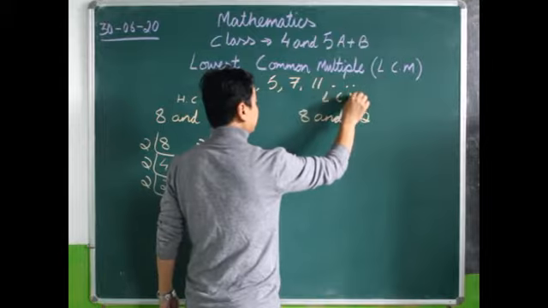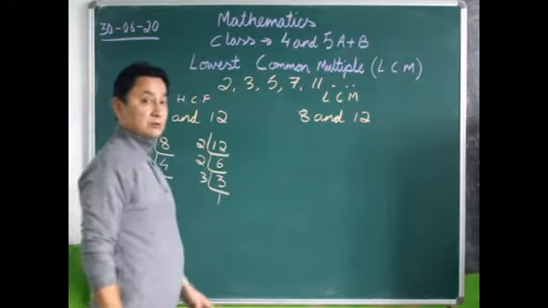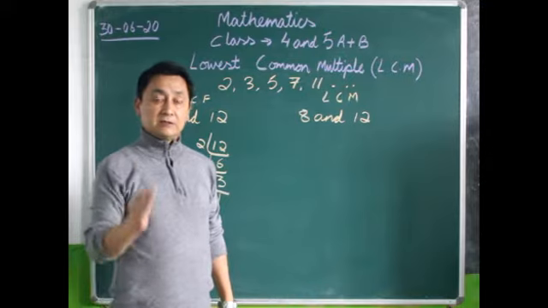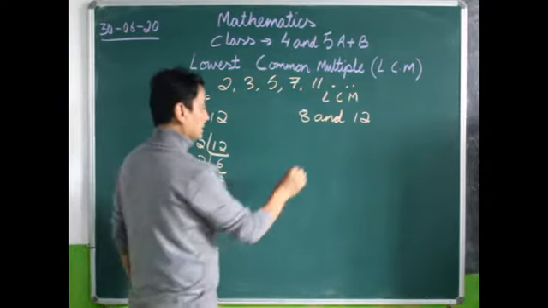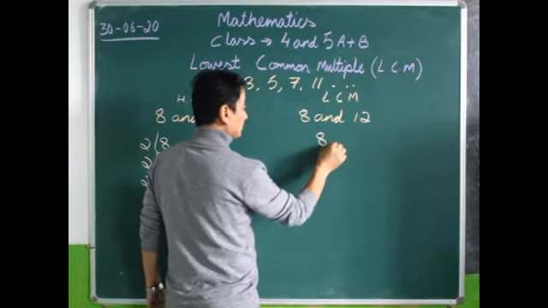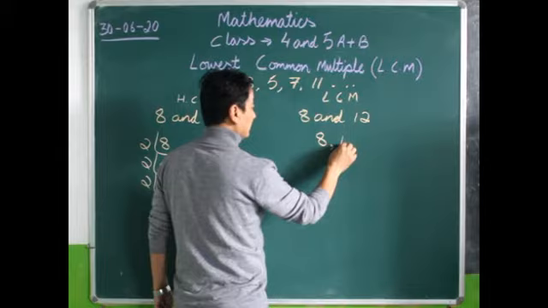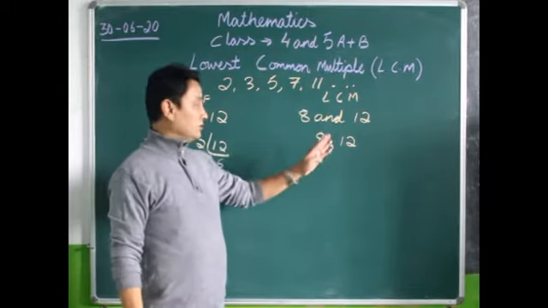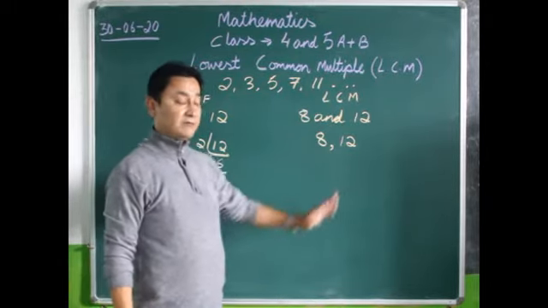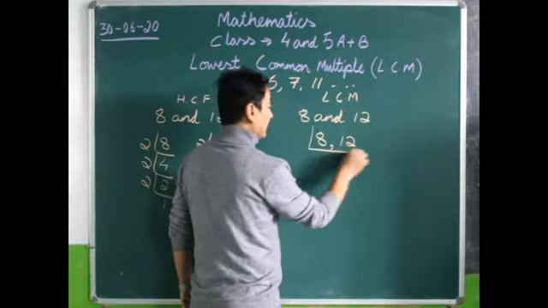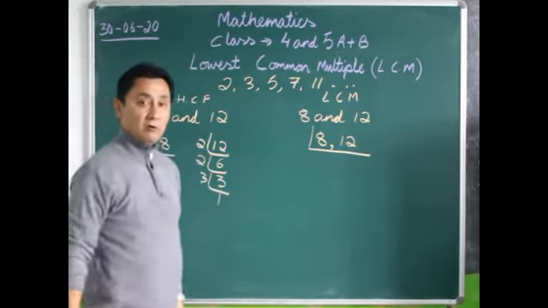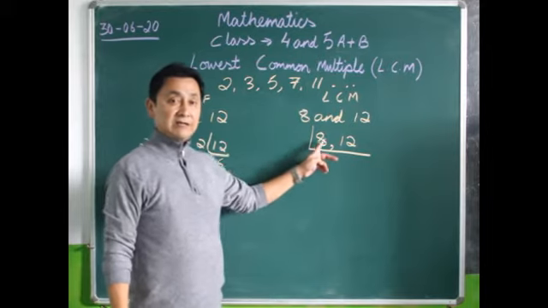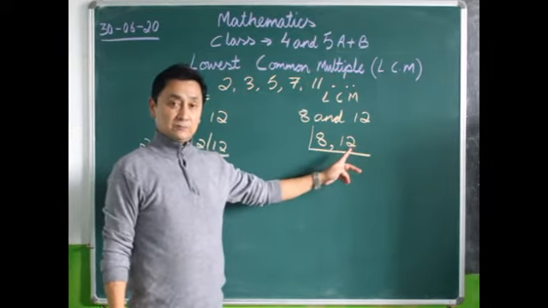In LCM, we have to put both the numbers together and we must separate the numbers by a comma. So we write both the numbers together, 8, 12. These are two different numbers, so the comma separates them. And when we divide, we have to make sure that the number we put here divides both of these.